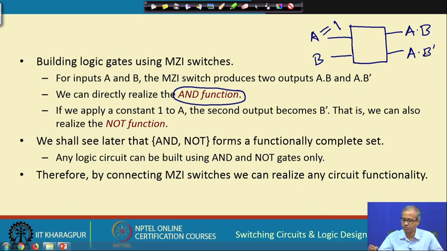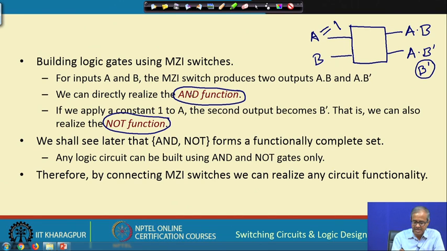We shall talk about these operations in the next lecture. This will be B bar, because A is always 1, something and something is the other one, it will be B bar. So, we can also implement the NOT function, NOT of B, and we shall see later that this AND and NOT set forms something called a functionally complete set, which means that if I can implement AND and NOT, I can implement any function I want.